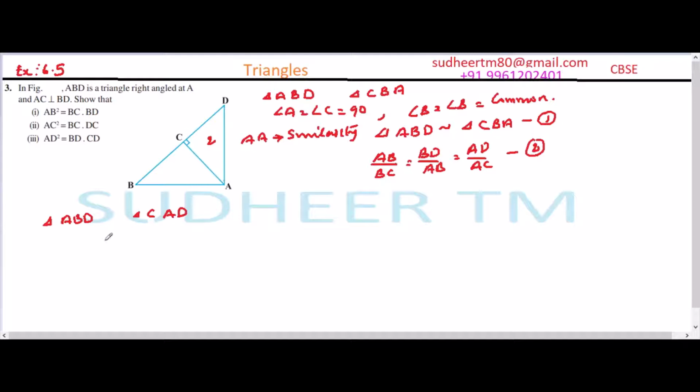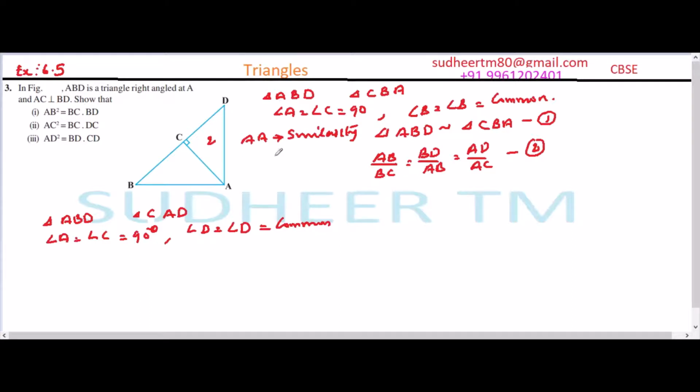Angle A is equal to angle C, both are 90 degrees. And angle D is equal to angle D. The reason is both are common angles.